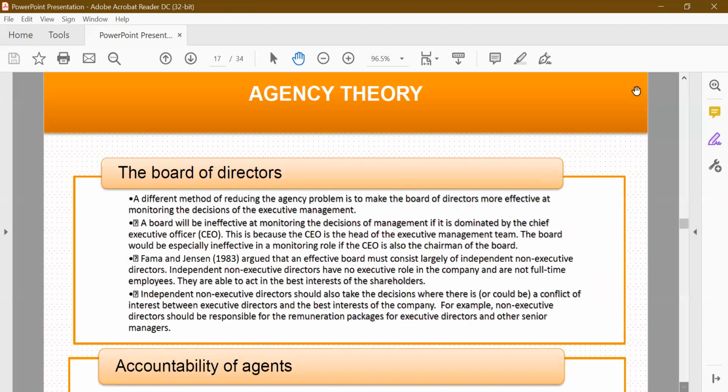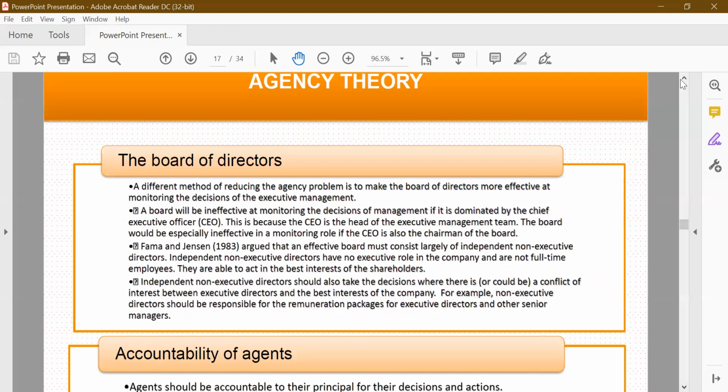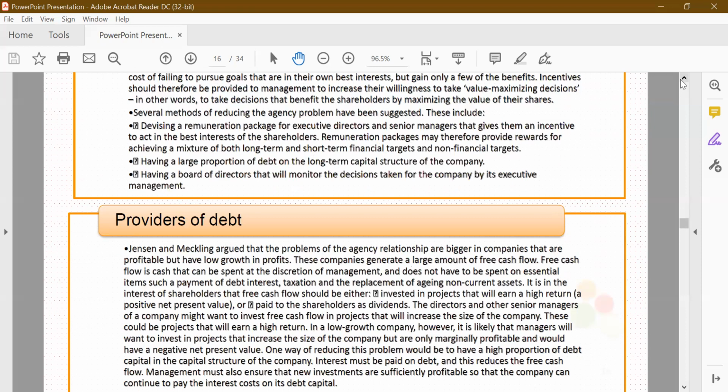Now let's move on to the providers of debt, or lenders. Jensen and Meckling argue that the problems of the agency relationship are bigger in companies that are profitable but have low growth in profits.